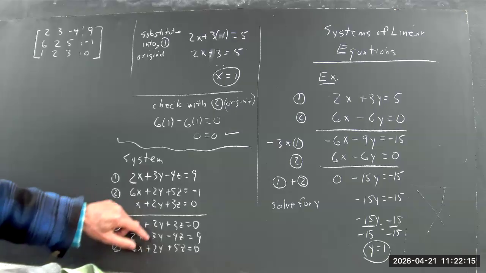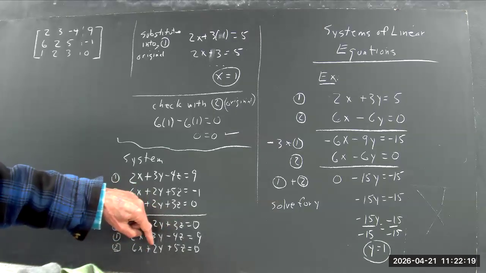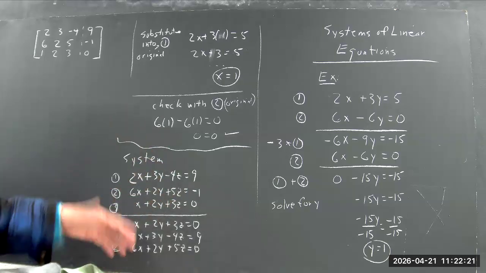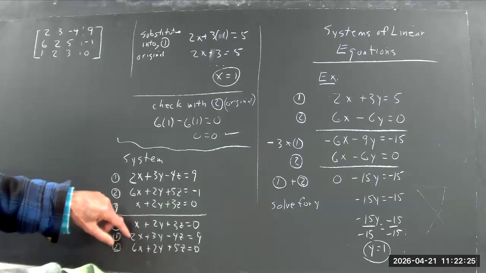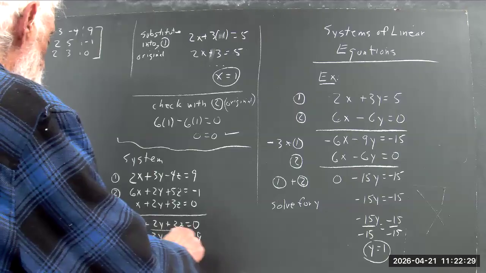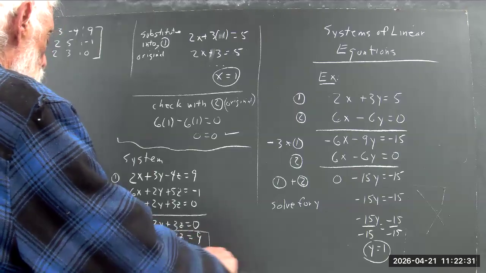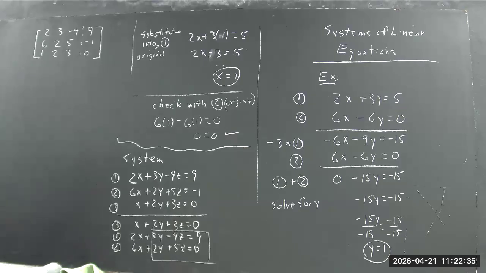My y's and z's are going to change, but when my x's become 0, I'm just going to have 2 equations in the unknowns y and z.